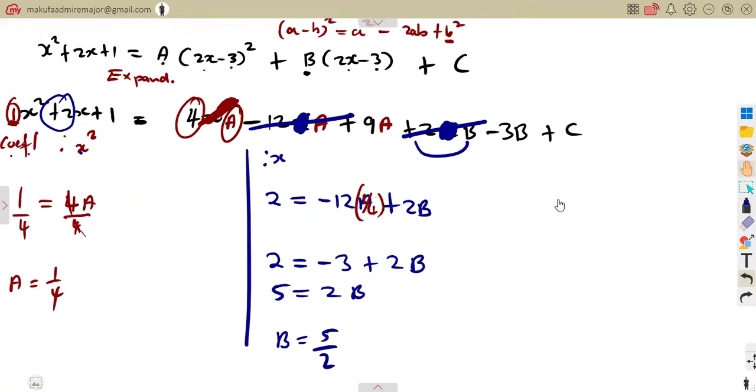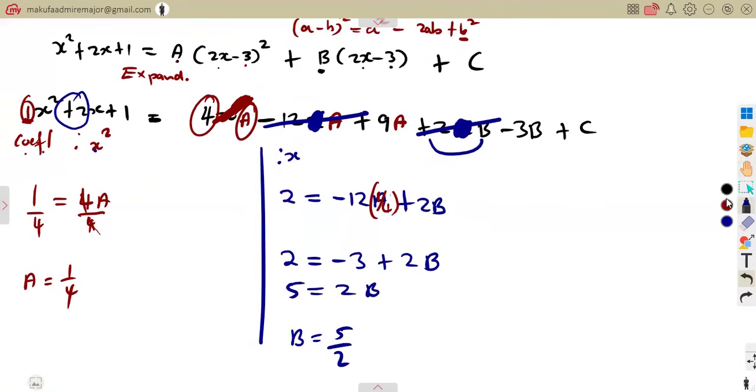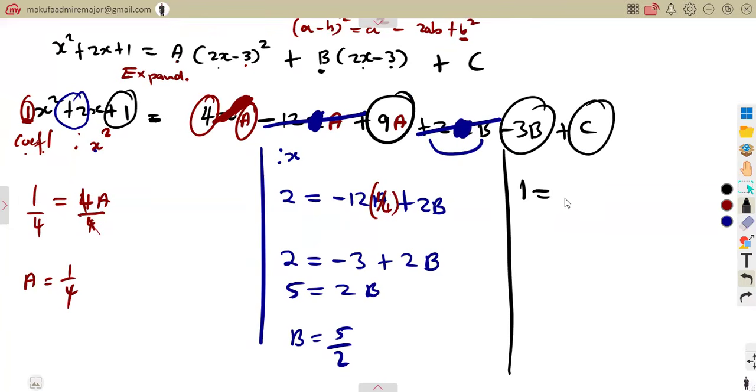All right. So we still have a constant, another one, c. So for c, we can work with the constants. The constant 1 is equal to, we're going to take all these constants which are remaining. There is 9a minus 3b plus c.